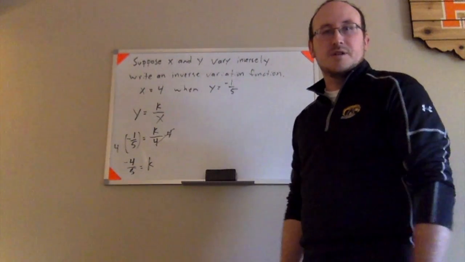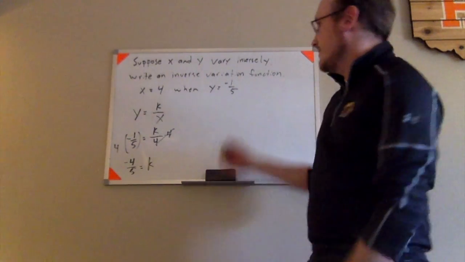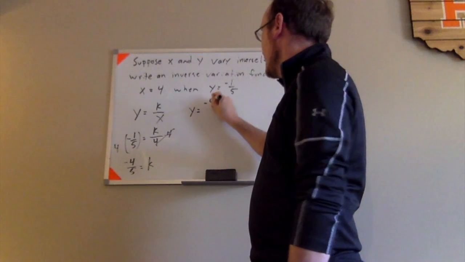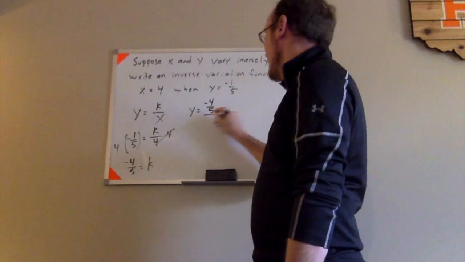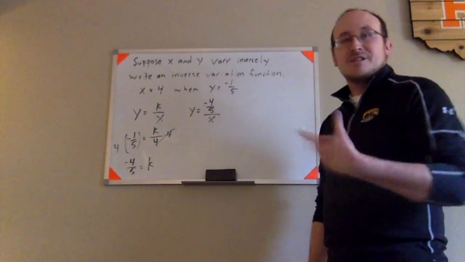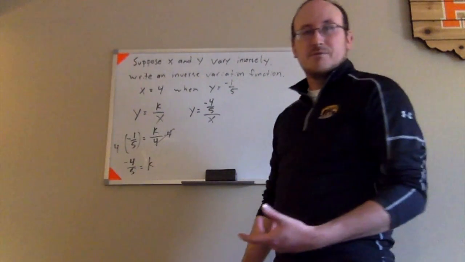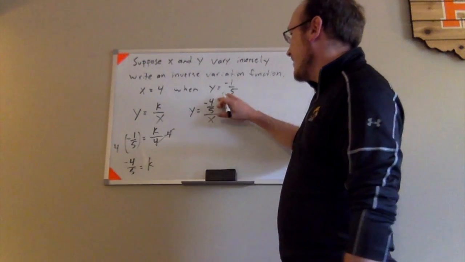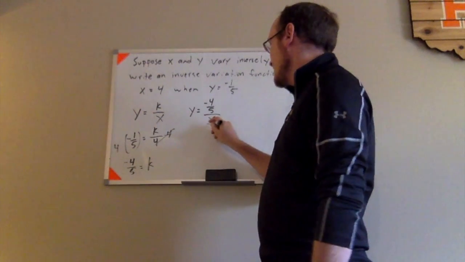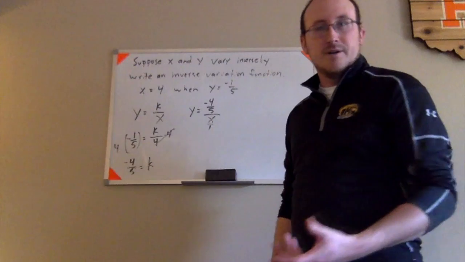Let's then use this to write our inverse variation function. We would have y equals negative 4/5 divided by x. And I don't really like the way that looks with fractions inside a fraction, so let's simplify that a little bit. When you have a fraction divided by x like this, I can think of this x as just another fraction itself, as x over 1.